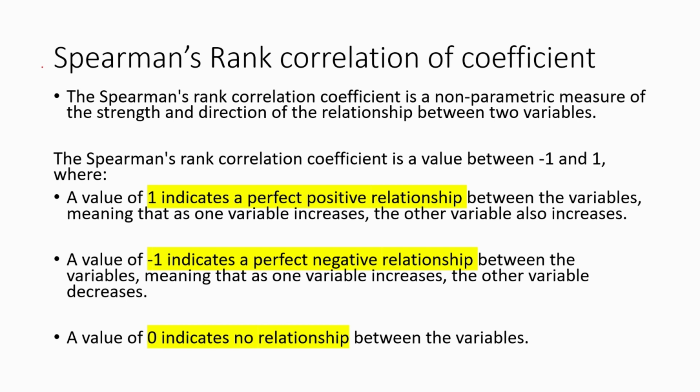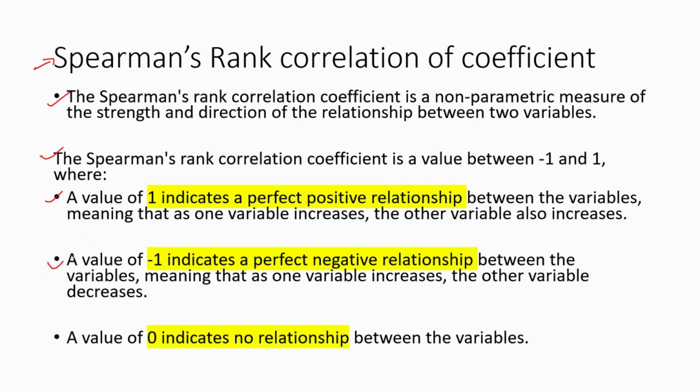Now let's discuss the other method to find the correlation coefficient between two variables: Spearman's rank correlation coefficient. This is a non-parametric measure of the strength and direction of the relationship between two variables. The Spearman's rank correlation coefficient is a value between -1 and +1, where +1 indicates a perfect positive relationship, meaning that as one variable increases, the other also increases.